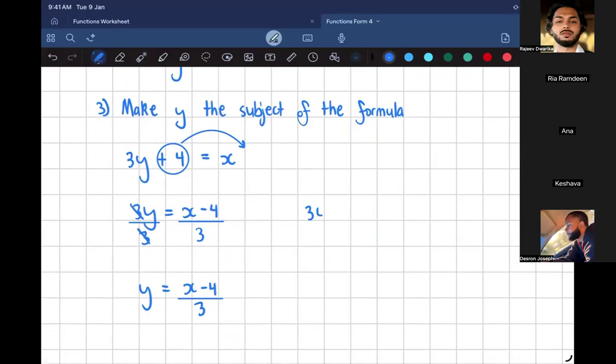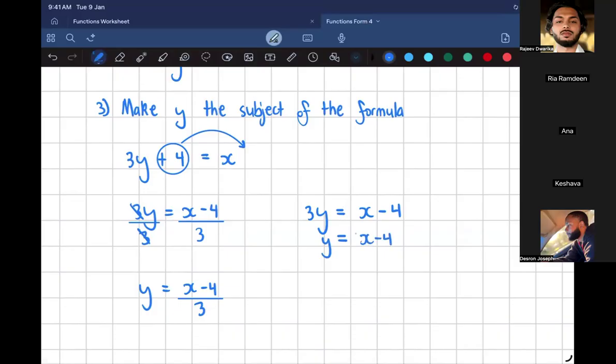So that's right. Another way you could think about it, right? Anytime you move across something, the operation has changed. If I want to move across this 3, right now that 3 is multiplying y. If I move it across the equal sign, that 3 will turn to what?